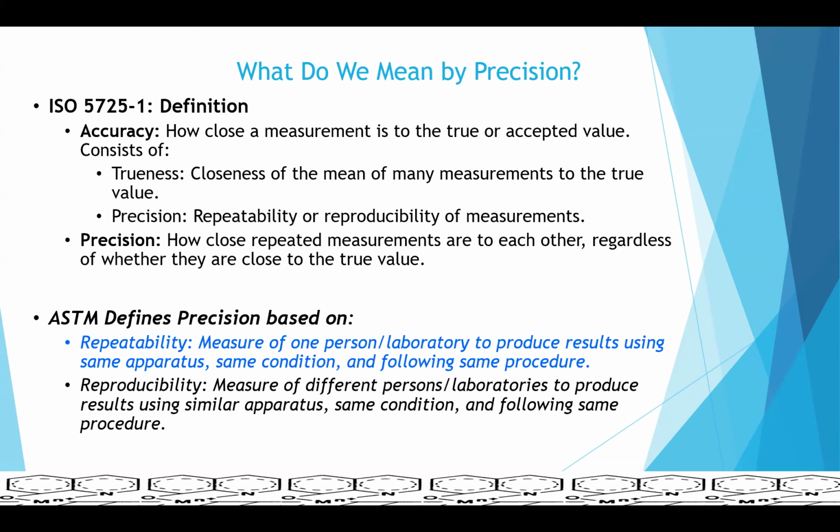Accuracy and precision are two different parameters and they are interrelated. So let us talk about accuracy. Accuracy, according to ISO 5725-1, is how close a measurement is to the true value or accepted value.